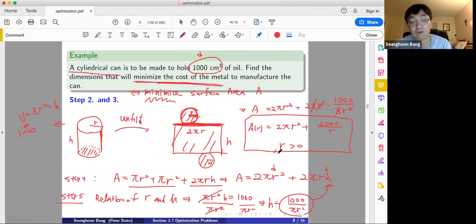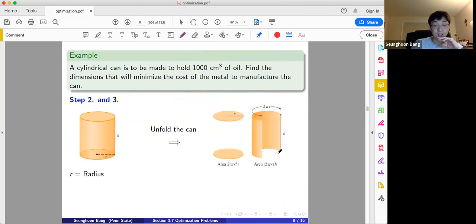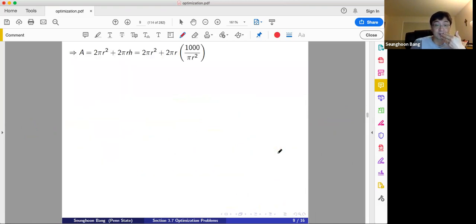I'm going to use the first derivative test for finding the absolute minimum of A of R. So this is the whole idea, and this is my explanation.